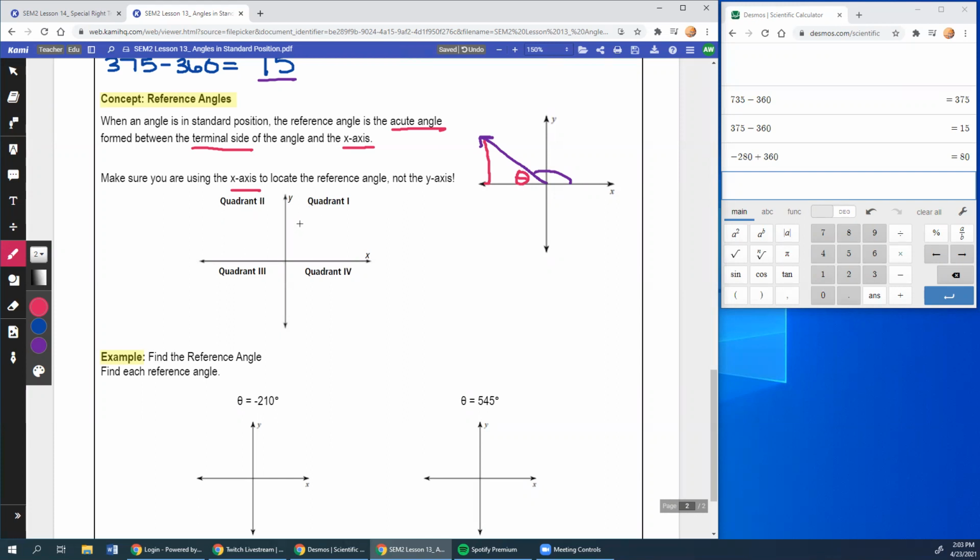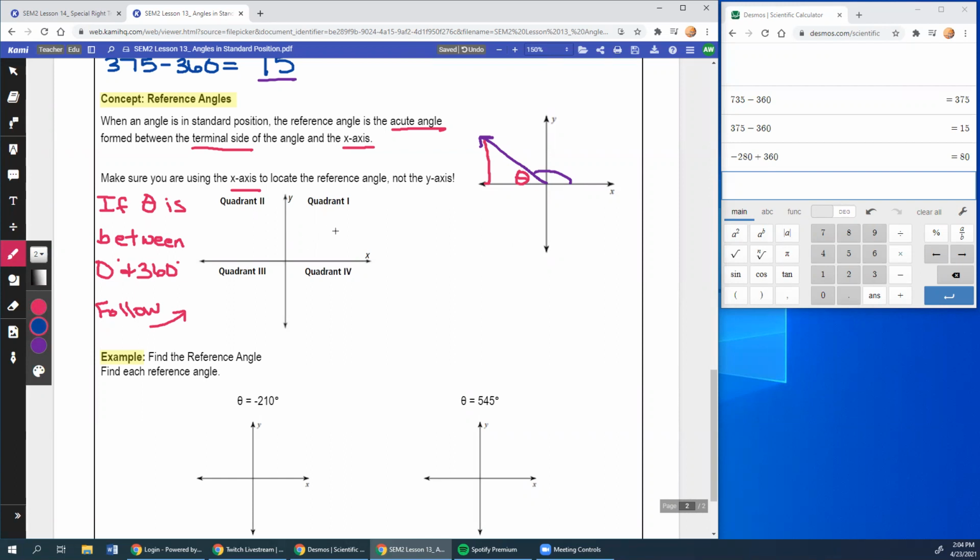So now, don't worry, I have a couple of tools for you to use to figure out what I need to do to find my reference angle. So if your original angle is already between 0 and 360, then you are going to follow this chart that I'm going to put together for you.